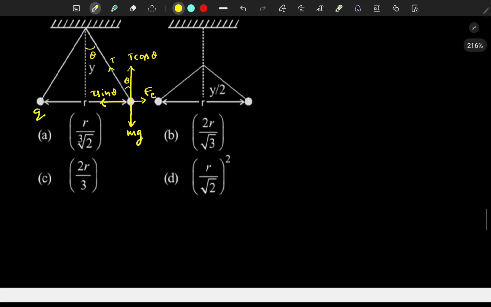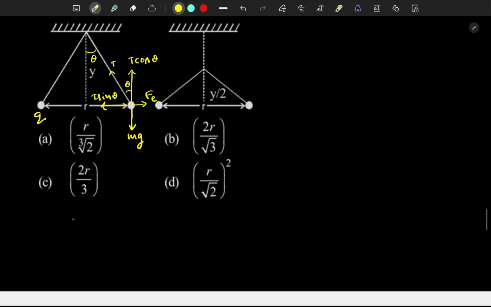So from this I can get Fe is equal to T sin theta. The forces along the x-axis are balanced, and the forces along the y-axis, T cos theta is equal to mg. And if we divide these two, what do you get?